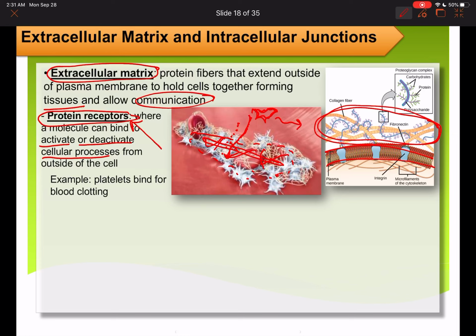Our pancreas cranks out insulin for us to take up glucose from our bloodstream into the liver or the muscle cells: liver for storage, muscle cells for usage. The ability of those liver cells or muscle cells to take in glucose is by having these insulin receptors.